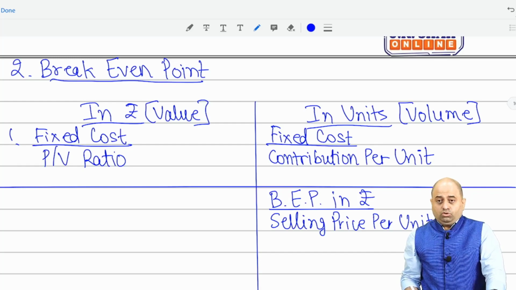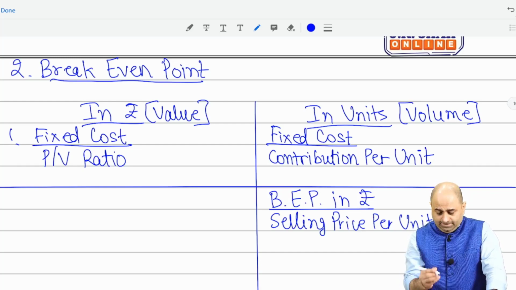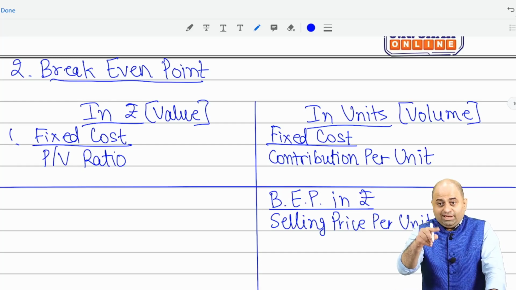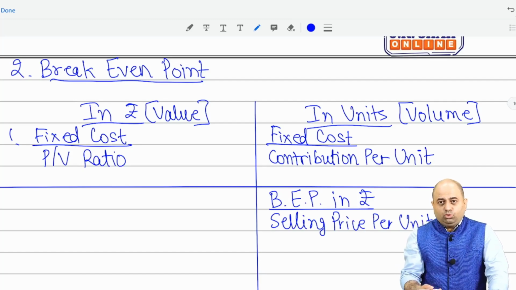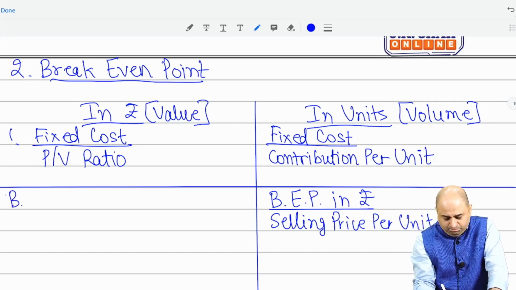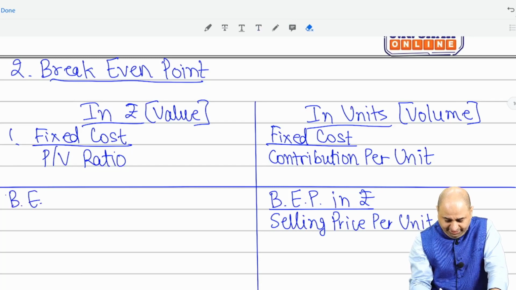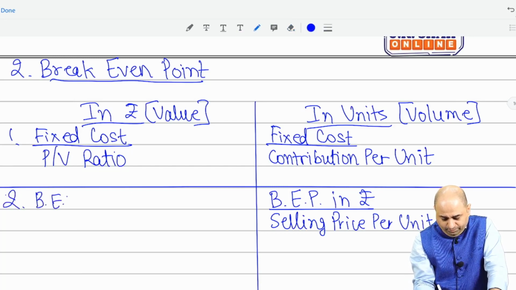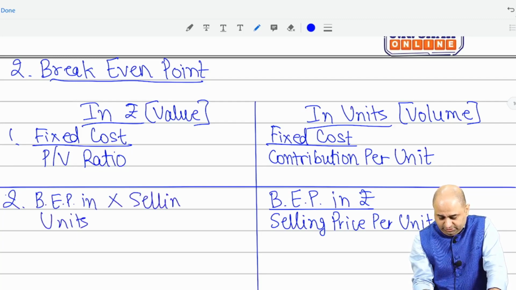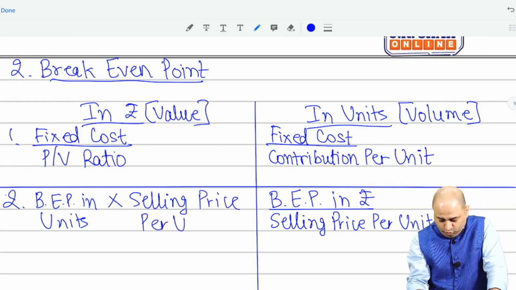Fixed cost upon contribution per unit. And once you calculate it in units, you can easily calculate it in rupees. So BEP, this is the second formula: BEP in units into selling price per unit.